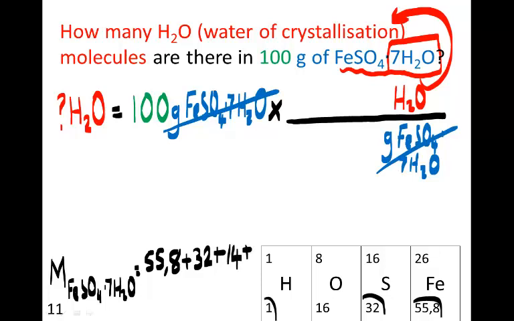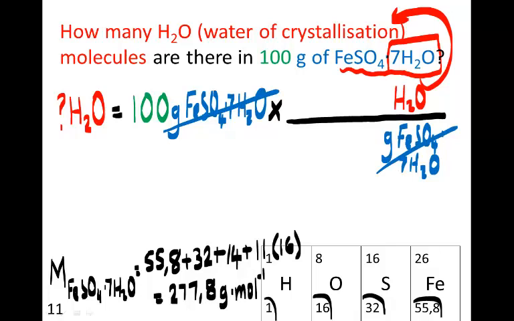Plus, we have 4 O's there and then 7 O's there. So in total that's 11 and each one 16 grams per mole. Work that all out and we get 277,8 grams per mole. What does that mean?